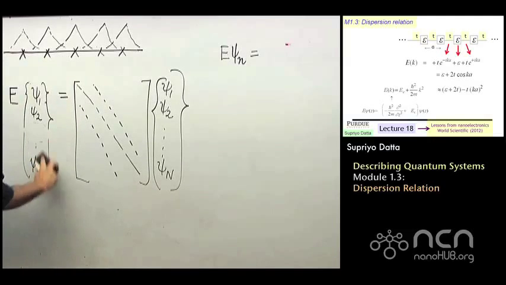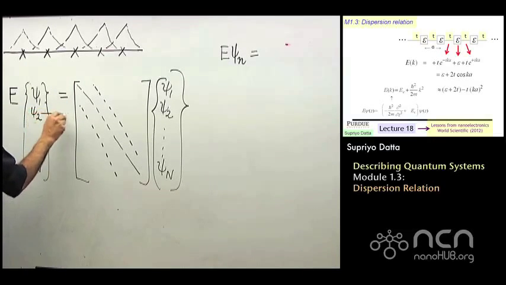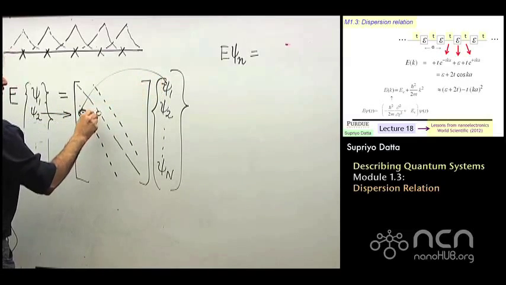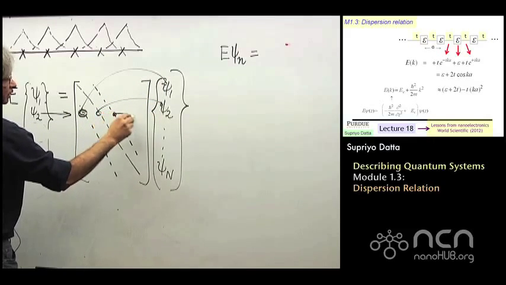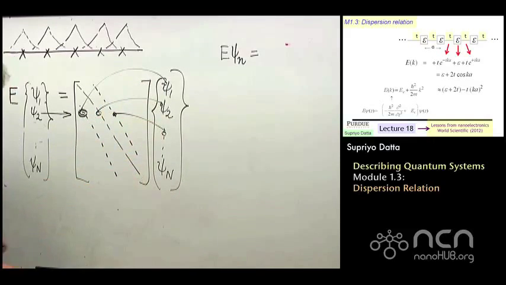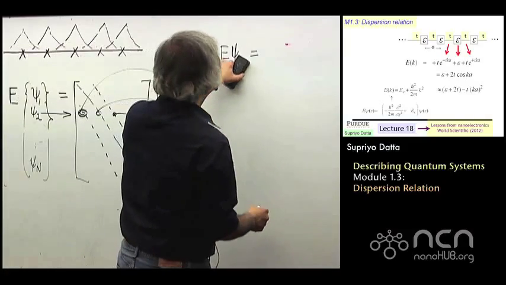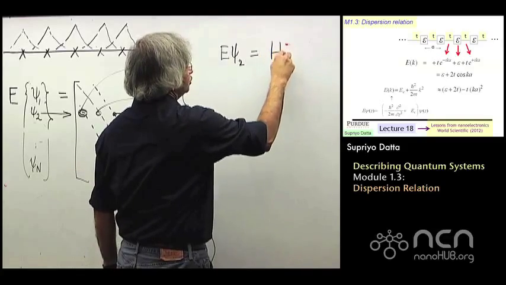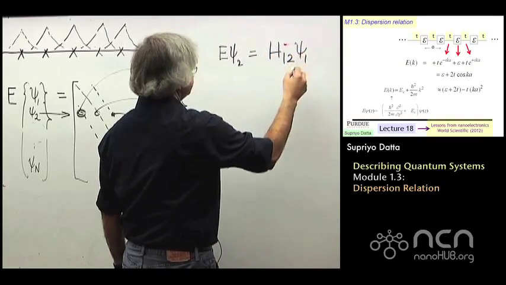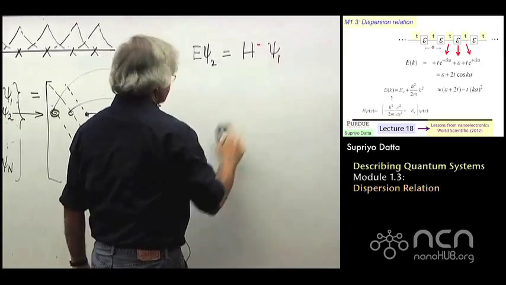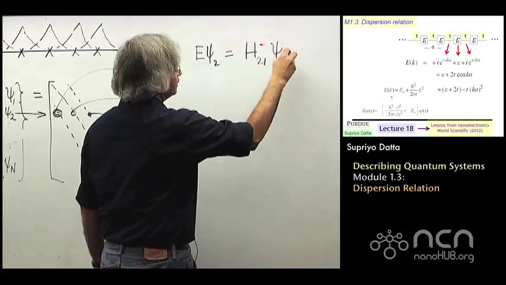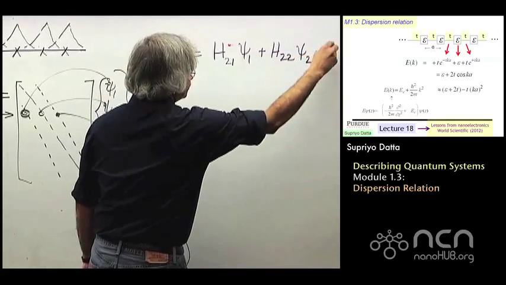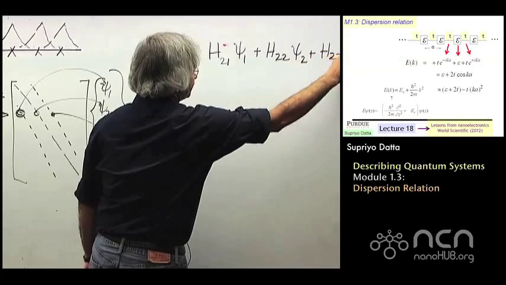Instead of writing a general one, let's just write the second row. So what you'd get is this thing times that, this thing times that, the next one times that, and so on. So it would look like E psi 2 equals H21 times psi 1, plus H22 times psi 2, plus H23 times psi 3, etc.